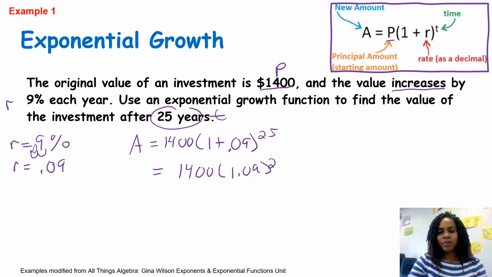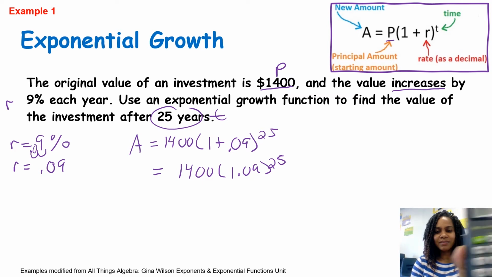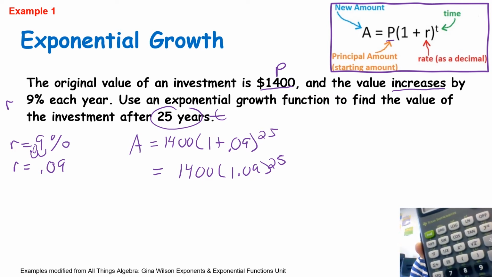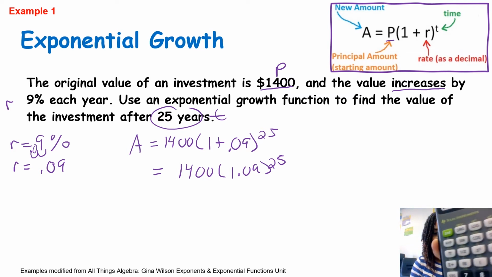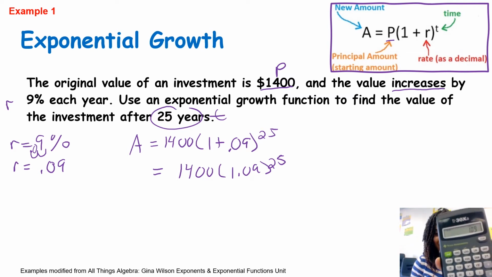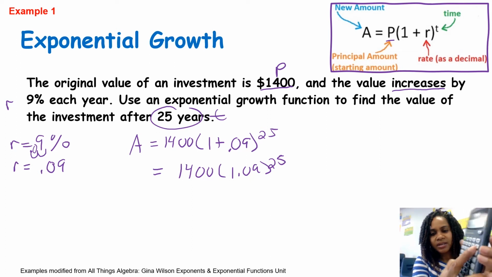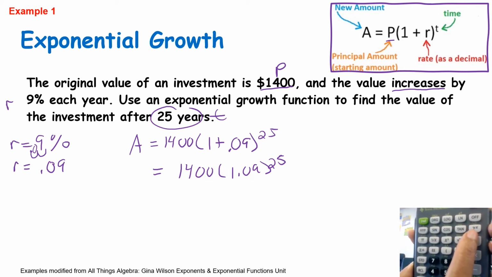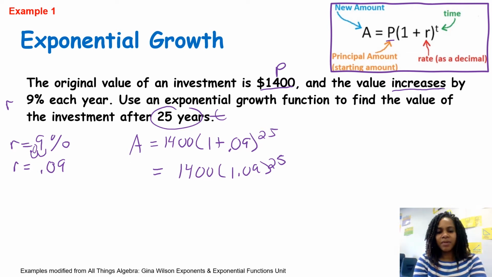All right, so 1.09 to the 25th power, of course, using order of operations, so we use exponents first. So putting that in the calculator, 1.09, and I'm using this calculator here. Hopefully you can see it. The exponent key has the y to the x, so I'm going to hit that, and then my exponent.